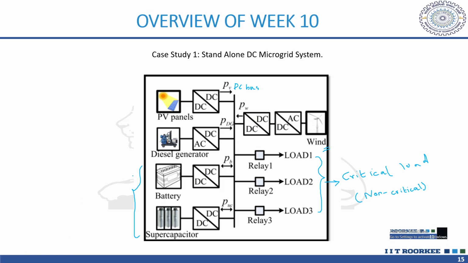So the battery is slow, plus it can store for longer periods. So batteries are used basically for storing the power or energy, and supercapacitors can inject or absorb very quickly, so they will be helpful in the transient conditions.